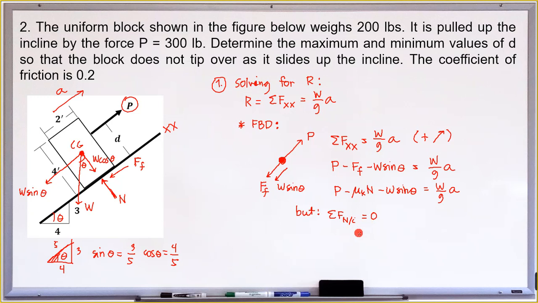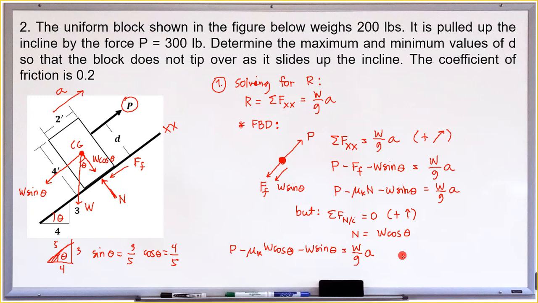So next, we treat positive if it is upward. So the upward force is the normal force while the downward force is the component of the weight. So that is W cosine of theta. So with this, we have P minus mu k W cosine of theta minus W sine of theta is equal to W over G times the acceleration.